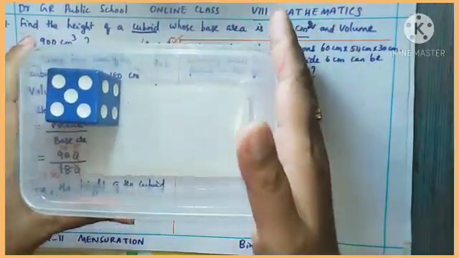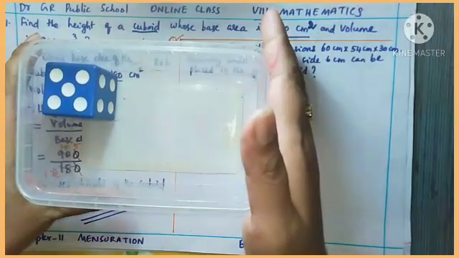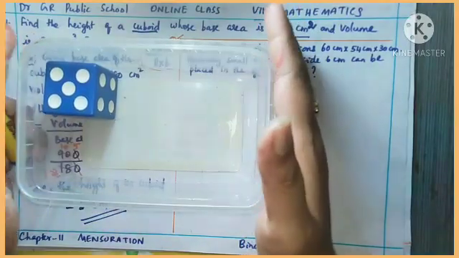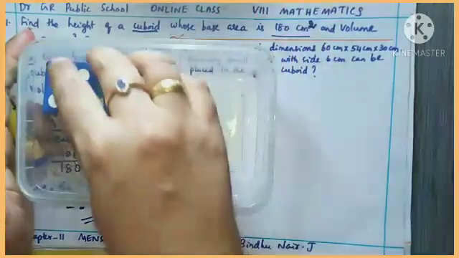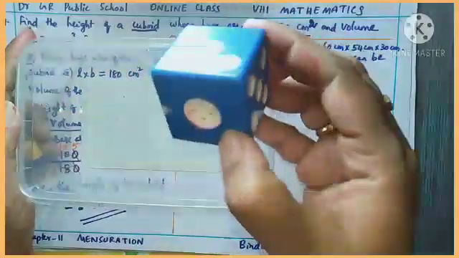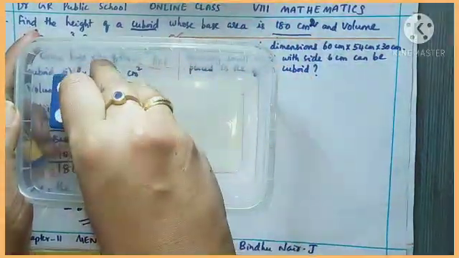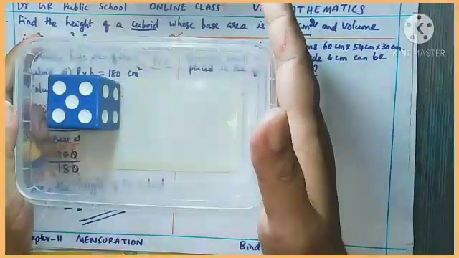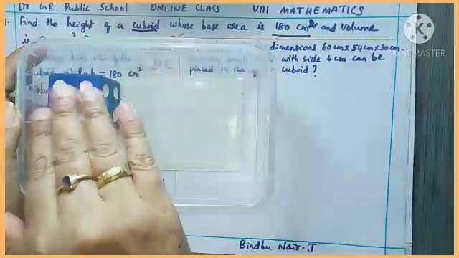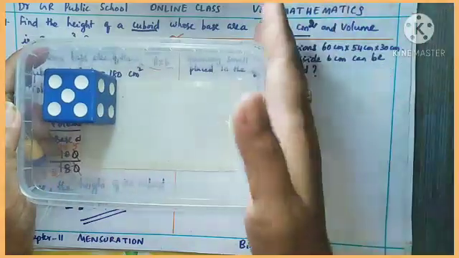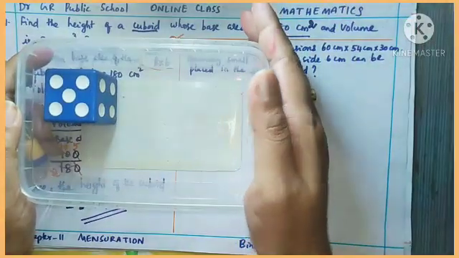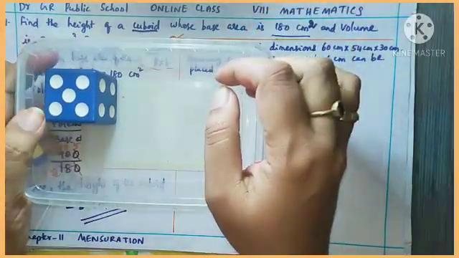Okay, so this I just want to show you to understand. A cuboidal box is there and small cubes are there, and we need to place these cubes inside this cuboidal box. So the question is, how many small cubes we can arrange like this? Understood? So that is our question.